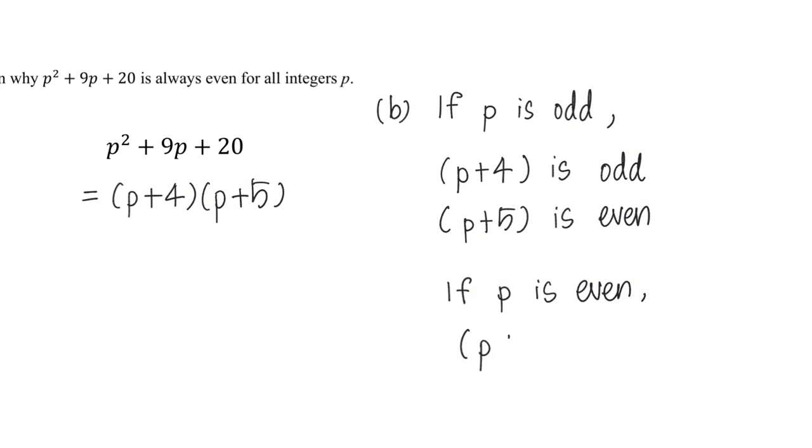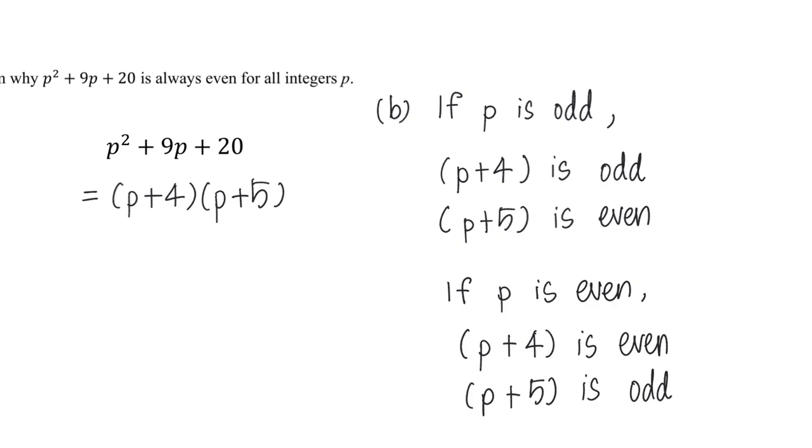An even number plus an even number will give us an even number, and an even number plus an odd number will give me an odd number. And so, what does this entail?